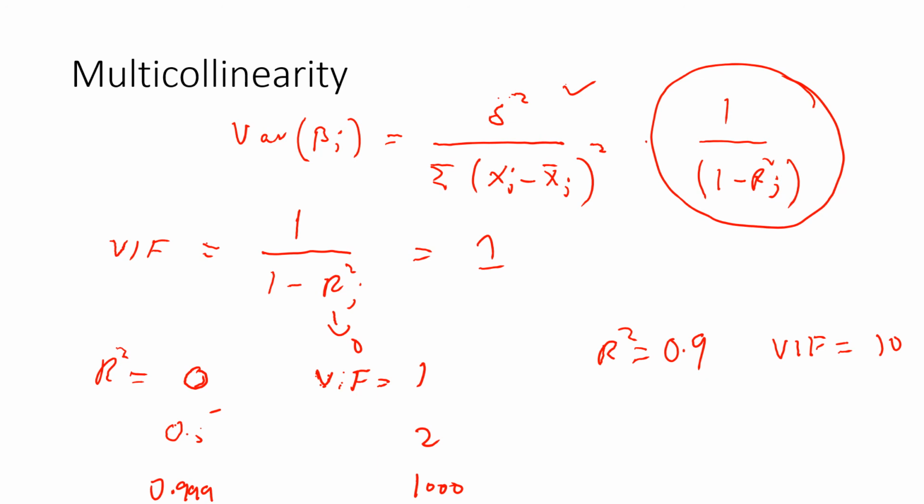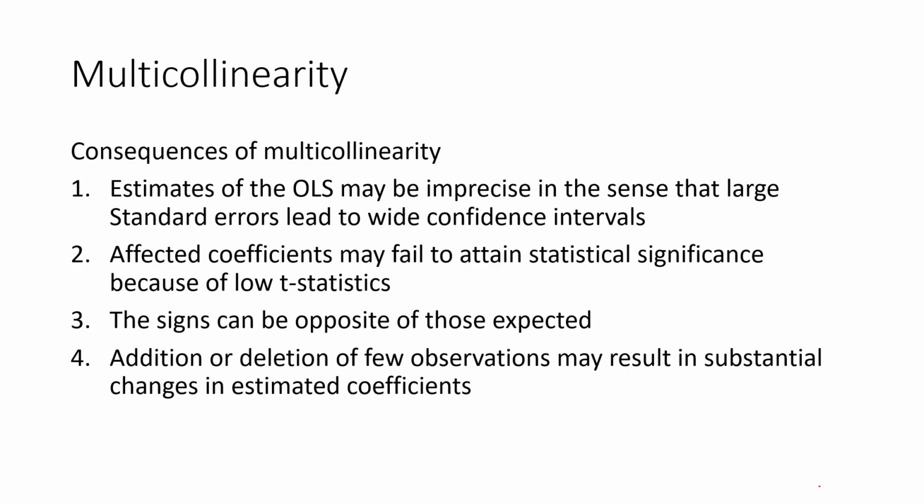So the consequences of imperfect multicollinearity can be summarized in the following four points. The first consequence is that the ordinary least squares estimates may be imprecise, in the sense that larger standard errors will lead to wider confidence intervals. The second is related to the first: larger standard errors will give us smaller t-statistics, and when we have smaller t-statistics, the coefficients may fail to attain statistical significance.